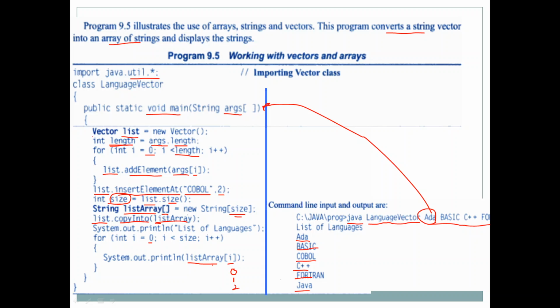So this program simply demonstrates how we can create a vector and different methods of the Vector class, how those methods can be used, and also how we can copy elements from a vector to an array.